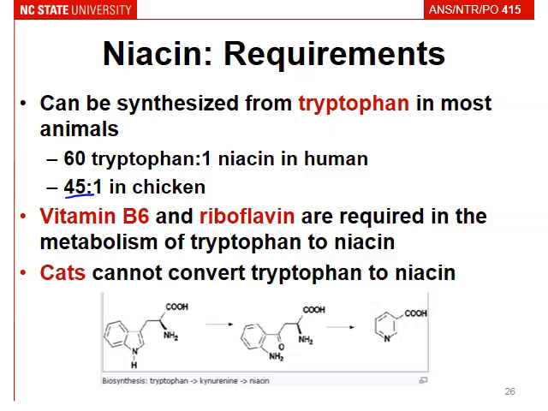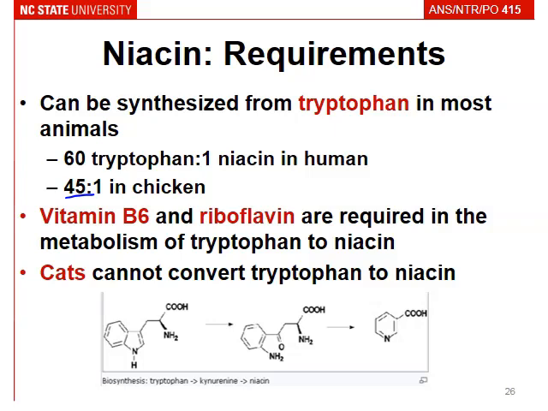Now, if we are going to utilize tryptophan as our source of niacin, we have to be cognizant that there are other vitamins that we need. So if we have adequate tryptophan, but just in general we have a poor diet and are deficient in B6 and riboflavin, then we are going to result in a niacin deficiency because we're not going to be able to convert our tryptophan to niacin.